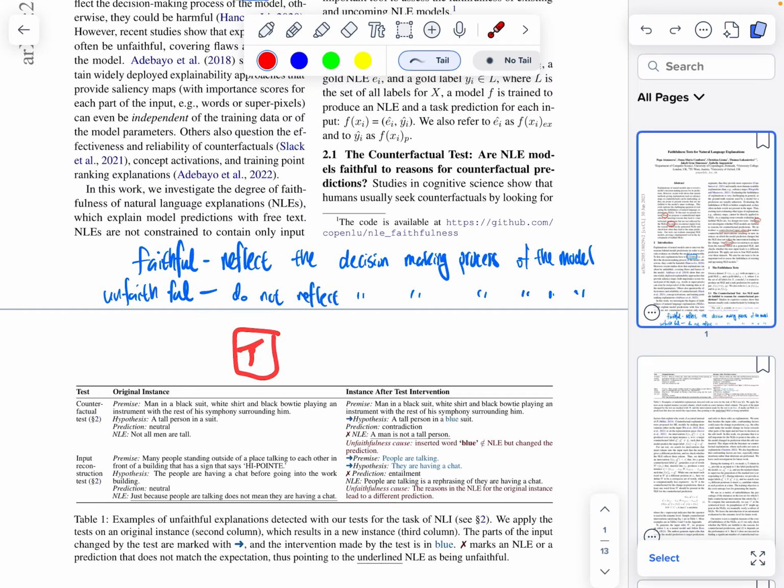So if the input was changed and the model is here, and then the output, right? If this was changed a little, then this should also be changed, right?